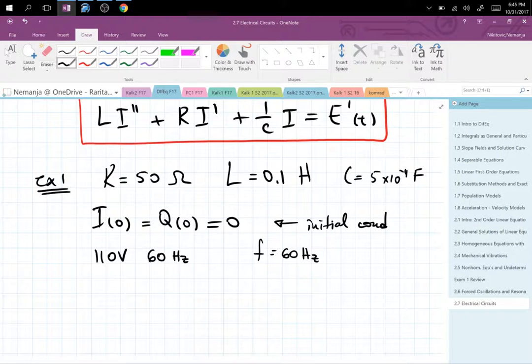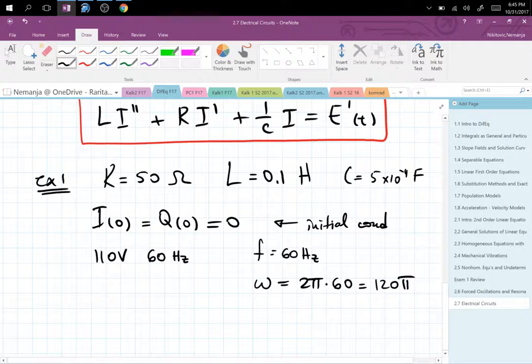When you are calculating the omega, which is the circular frequency, you have to multiply by 2 pi for the entire revolution. So to calculate omega, we have 2 pi times 60, which is 120 pi, which is approximately 377 radians per second.